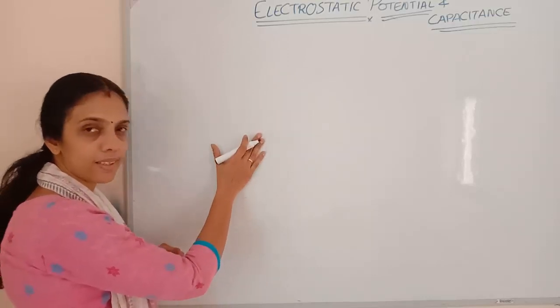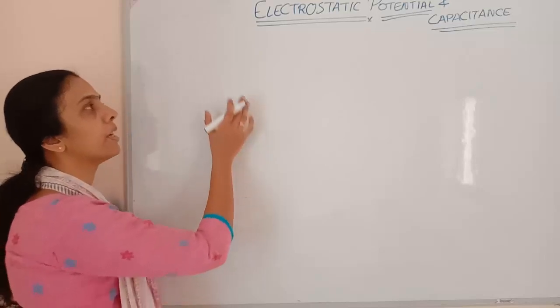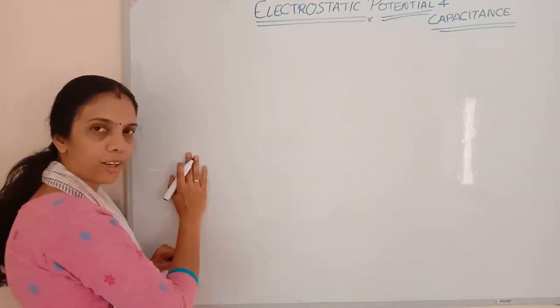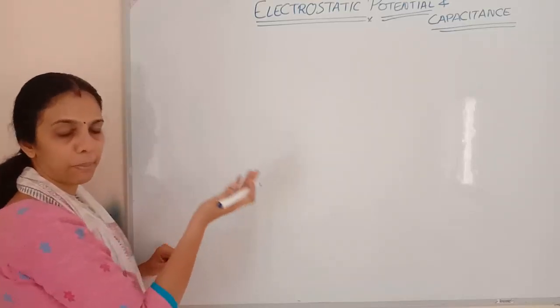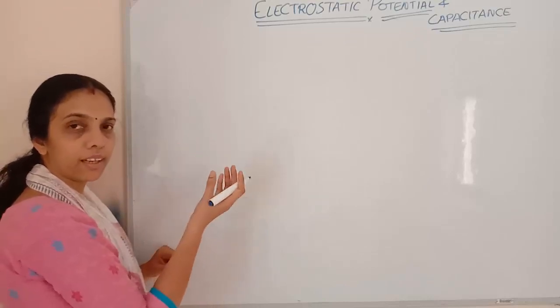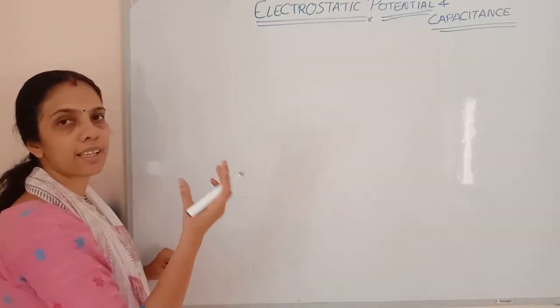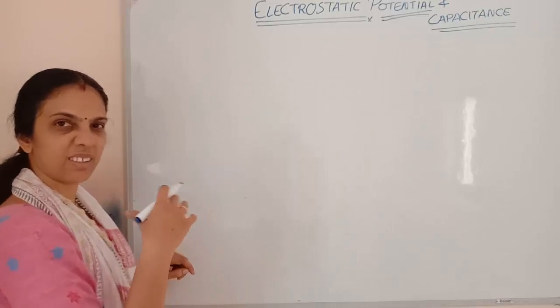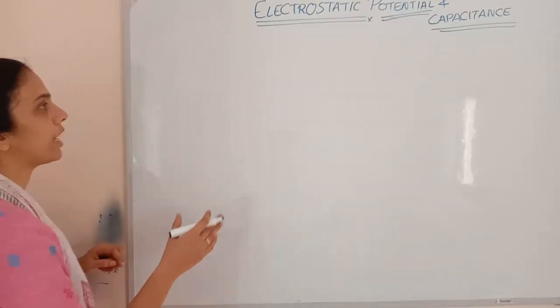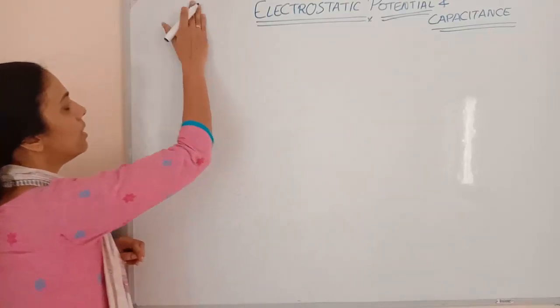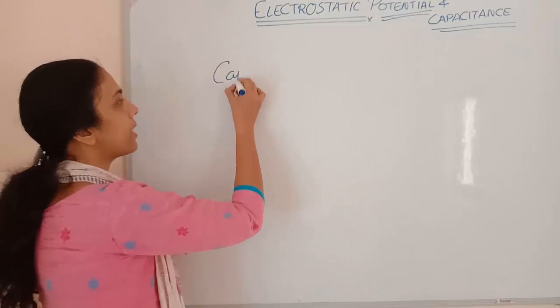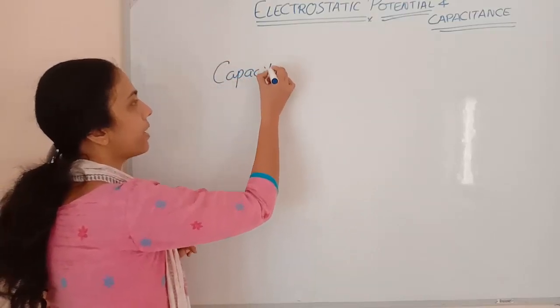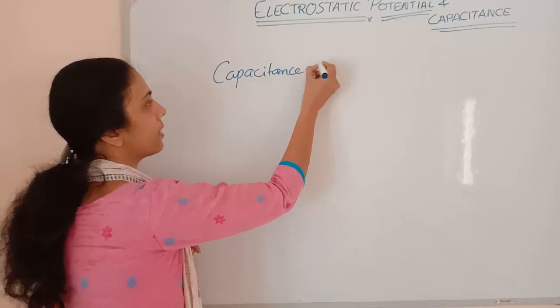If it is spherical in shape, it is called a spherical capacitor, and if the conductors are cylindrical, we say cylindrical capacitor. It depends on the shape. Next is the capacitance of a parallel plate capacitor.